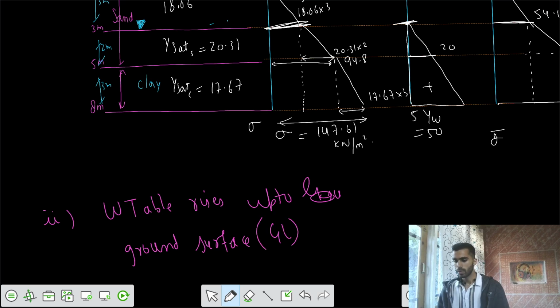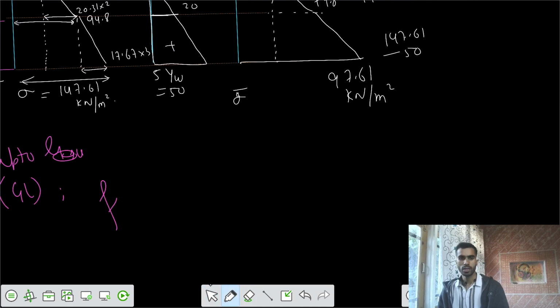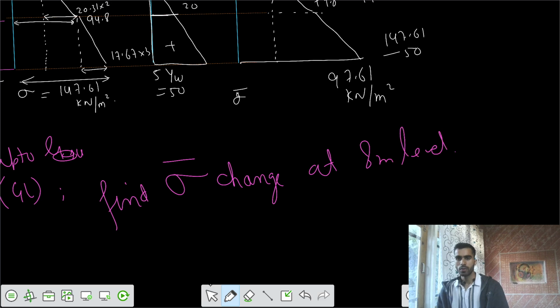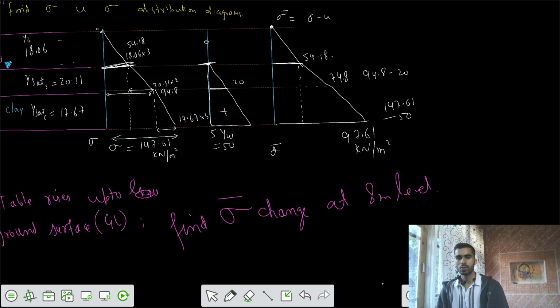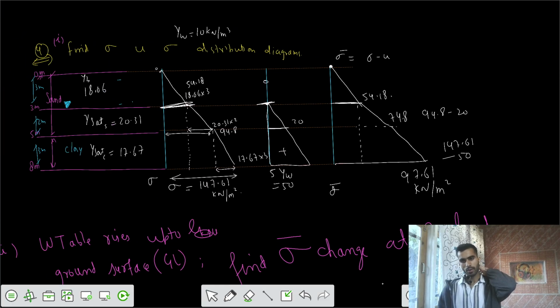And we need to find the change in effective stress at the 8 meter level. So we can directly calculate only at the 8 meter level. We don't have to draw all those step diagrams.